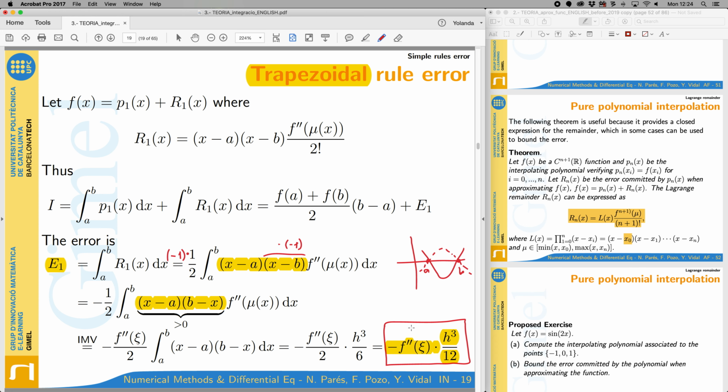I think it's very important always to bear in mind that this psi function lies inside the interval a and b. Okay, that should always be borne in mind.